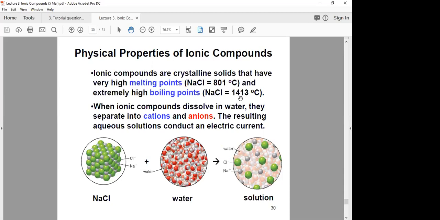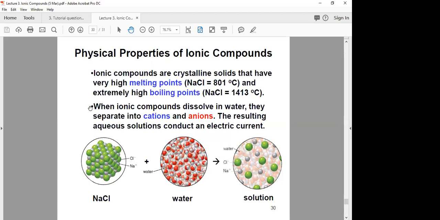So given that, if you were given a selection of different compounds and asked which one had the highest melting point and highest boiling point, what would you look for? You would look for the ionic compound amongst those compounds. Okay, keep that one in mind.